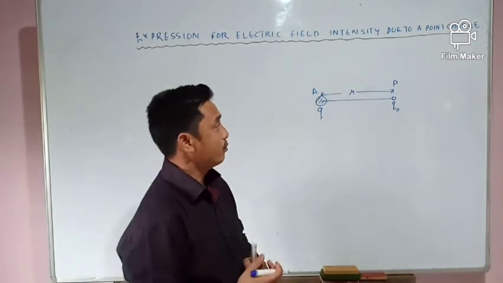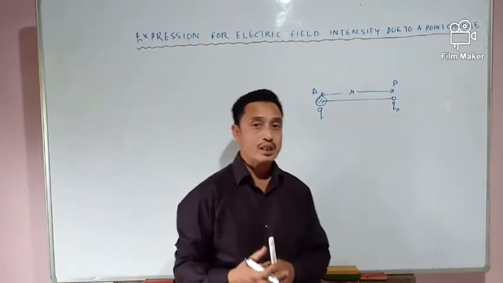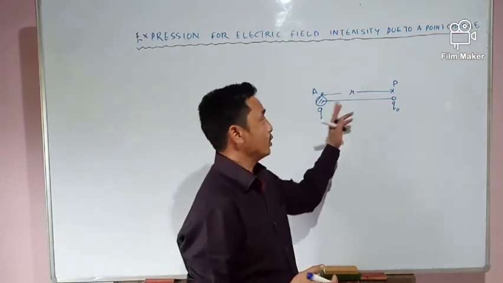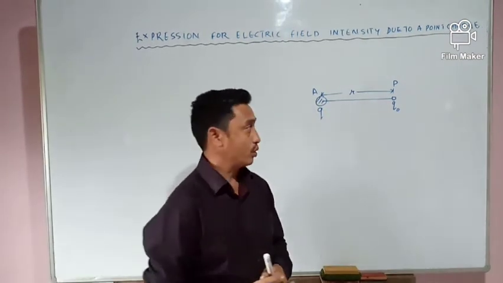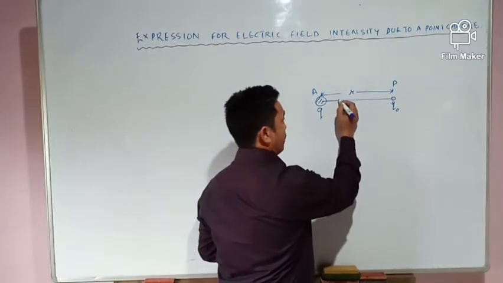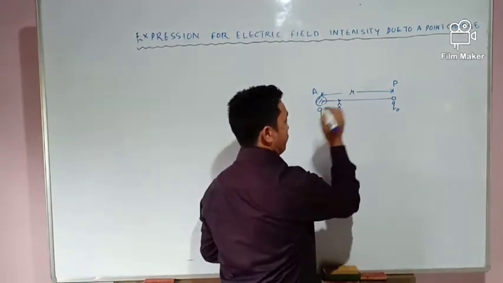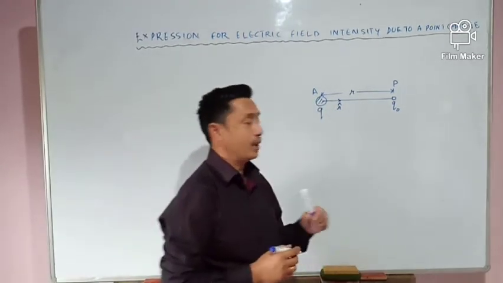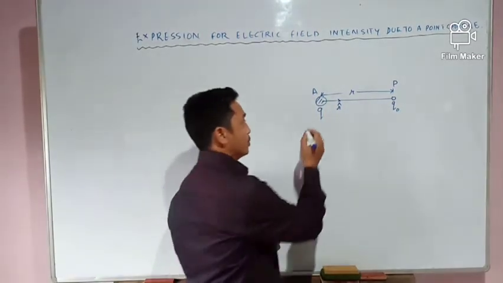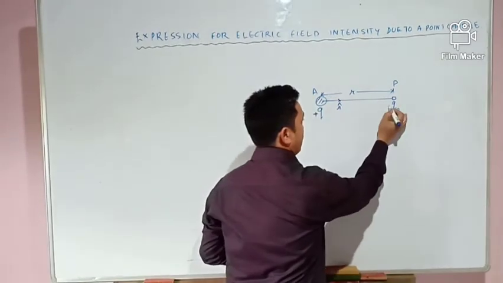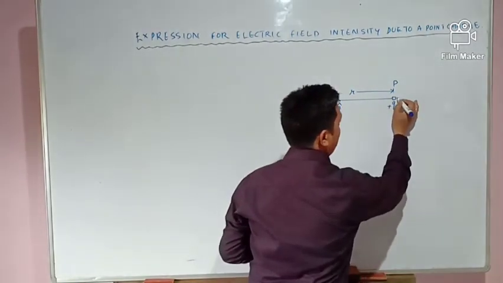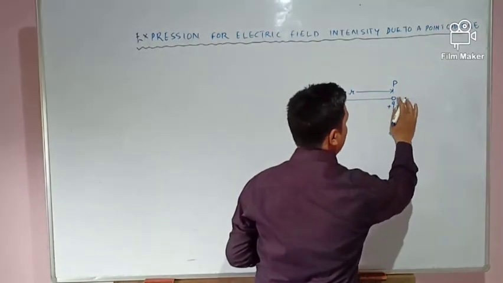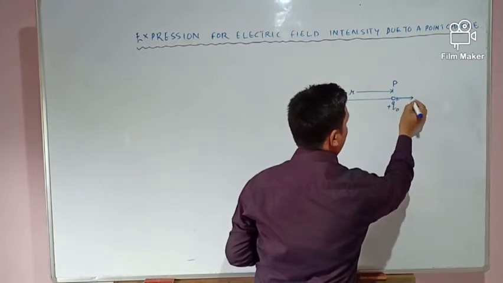Before finding the electric field intensity, we have to find the force between these two first. Let us consider R unit vector moving from A to P. Suppose it is a plus charge, then the electric field will be in this direction.